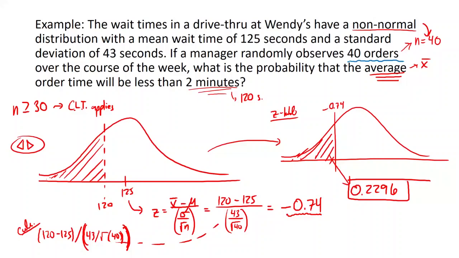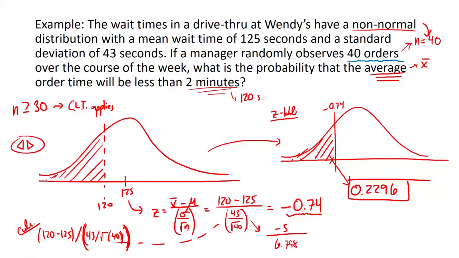Yeah, and then you can do it as a two-step problem. The other option is you can do it in steps. 120 minus 125 is negative 5. And then you can do 43 divided by the square root of 40 in your calculator. What does that come out to be? 6.7, 6.798, something.